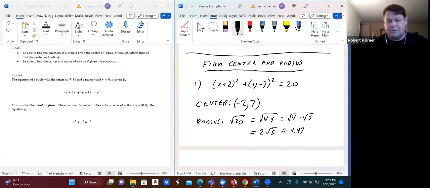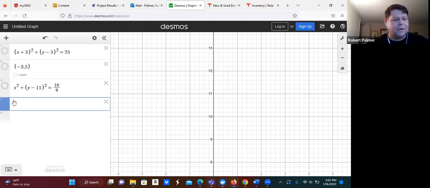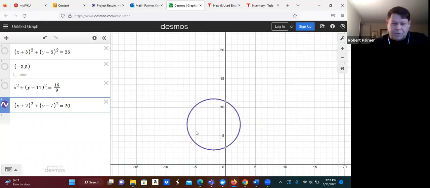So let's go back to Desmos. In this case, I'll just blank that. Our equation was (x + 2)² + (y − 7)² = 20. Now, it is actually a fairly large circle, which makes sense since we have a reasonably big radius.